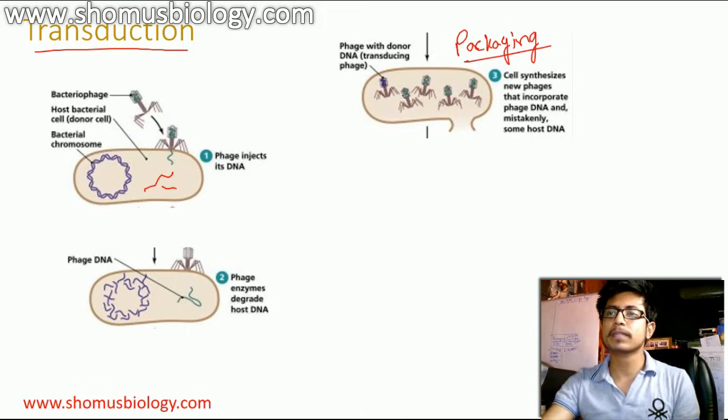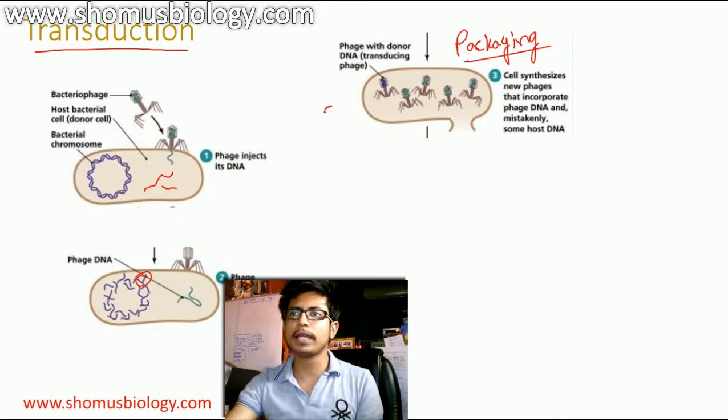During this packaging, due to some mistakes and problems, sometimes they also put some of the bacterial DNA into the head of the phage. This is rare, but it happens. For example, in this picture you will see 1 out of 5 phage particles receives the bacterial DNA.